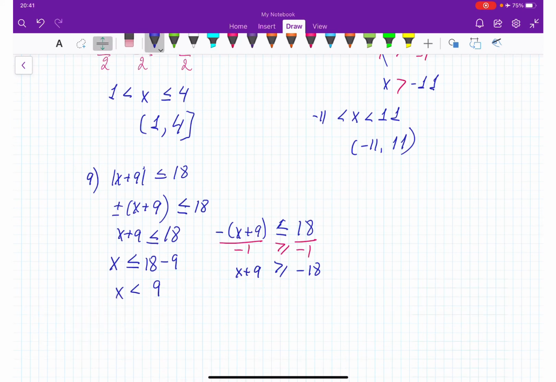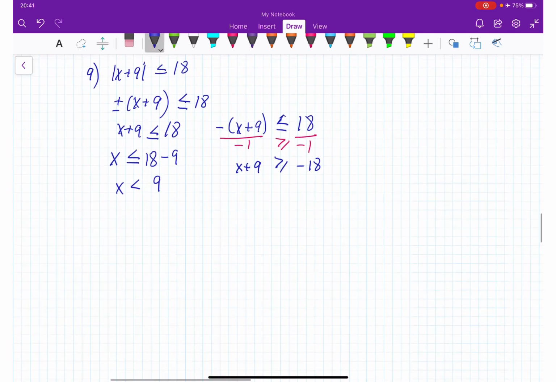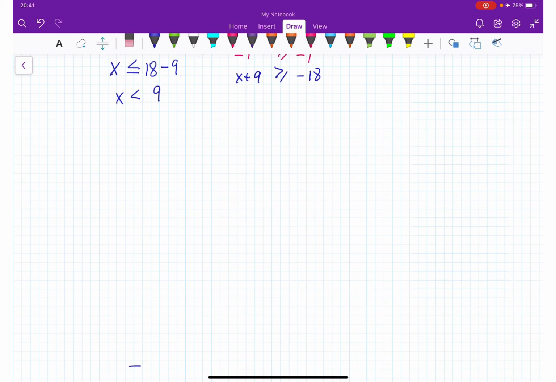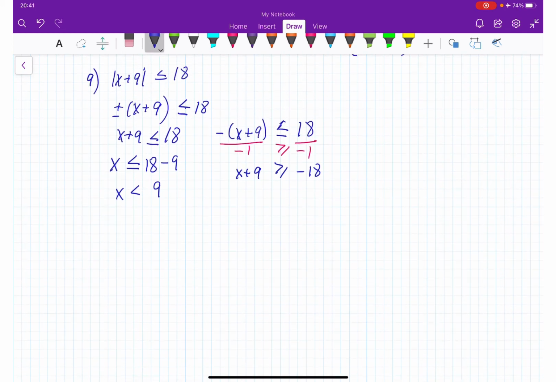Okay. So this is equal. x is greater equal negative 18 minus 9, because positive 9 moved to the other side will be negative. x is greater equal negative 27.